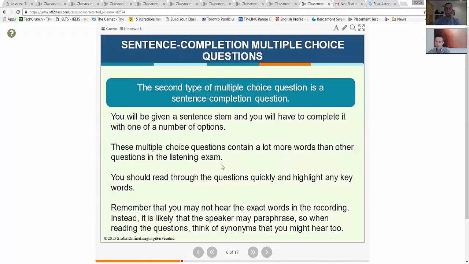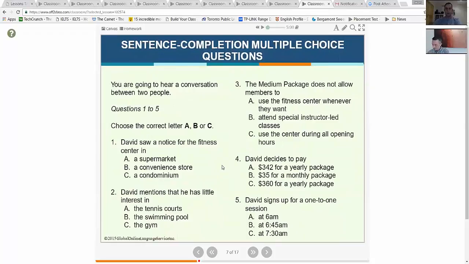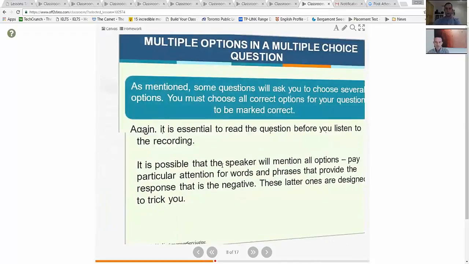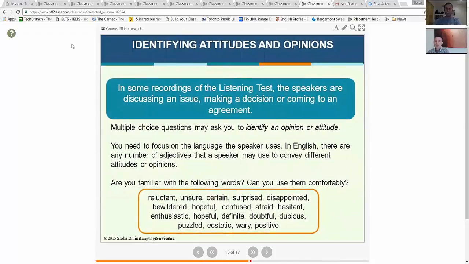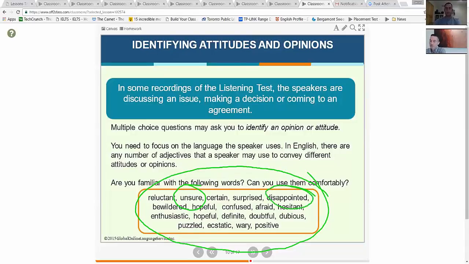Okay, so here you will often hear adjectives that are used. The speaker may say it themselves, or with the student, you should think about, if you are unsure about something, what are words that we use to express that you are unsure or that you're disappointed.